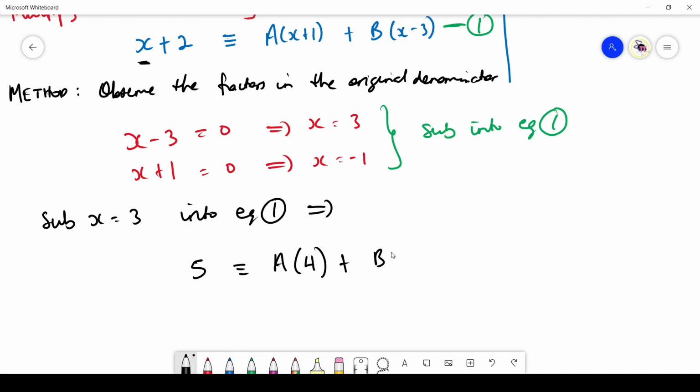And what you'll notice is that one of your variables goes to 0. And that is why they use this method. It always eliminates one of those variables present so that in the end you are actually able to get a value for your variables present.